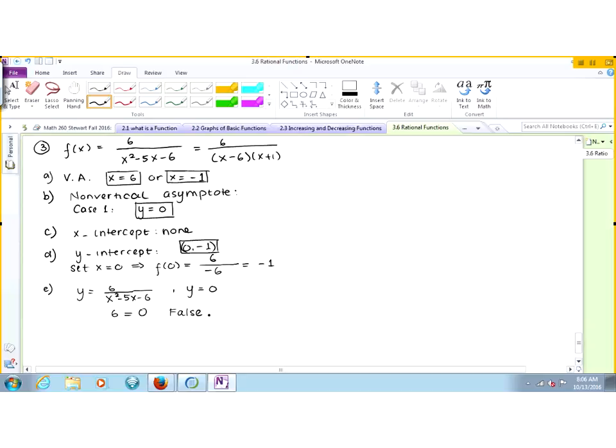False, because 6 is definitely not 0. So what is your conclusion? No. The graph does not intersect the non-vertical asymptote. How do I know? Because I have a false statement.